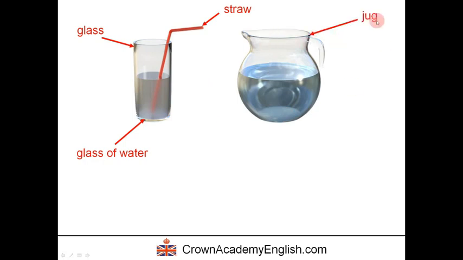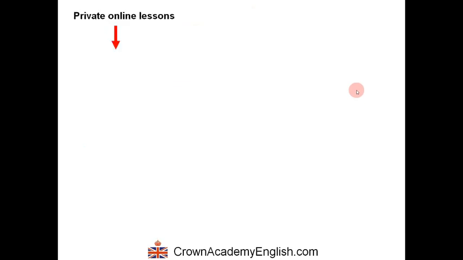And this is called a jug. A jug. So a jug is a large container that contains a large amount of water or another liquid. So since it contains water, we say that this is a jug of water. Okay? So there we are.